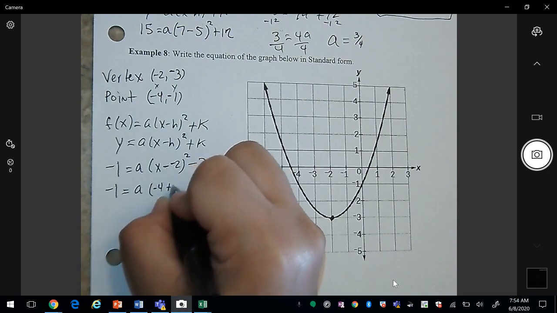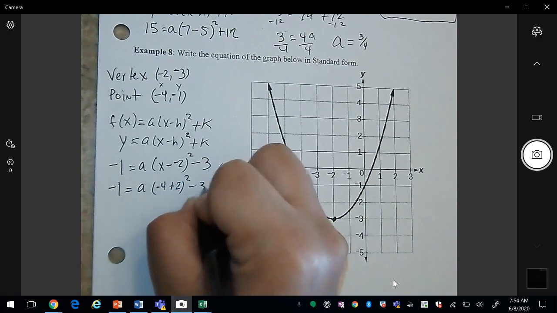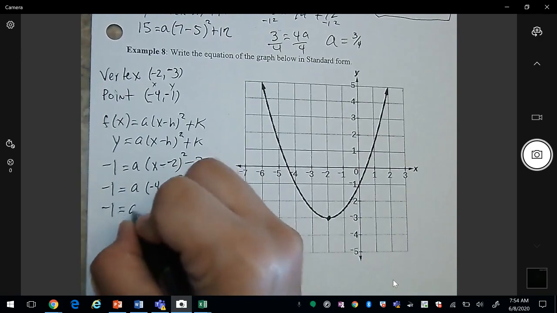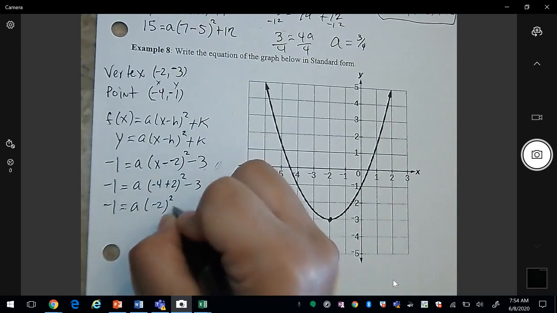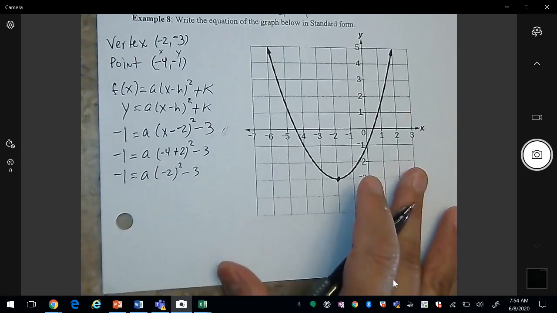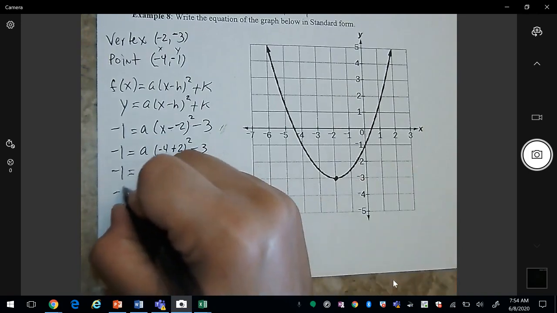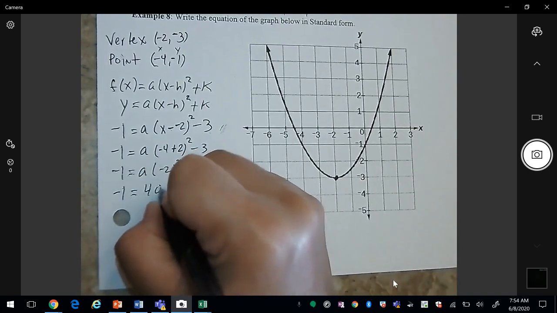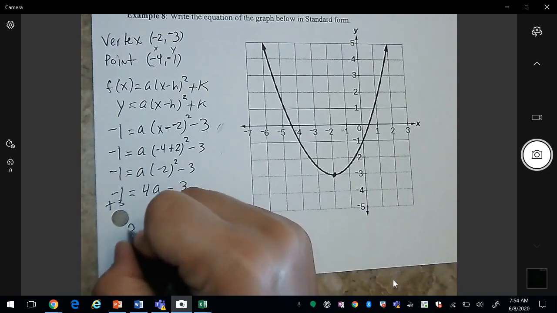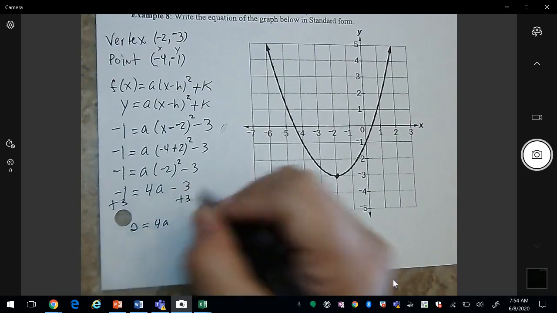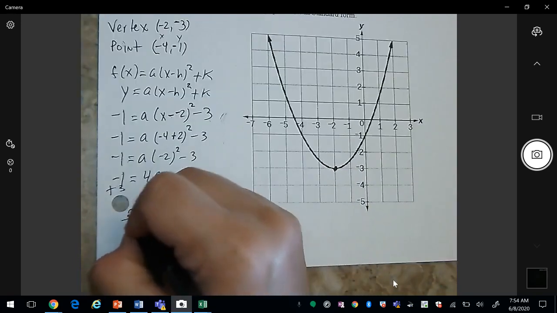Negative negative is +2. -4 plus 2 is -2. And -2 squared is 4. Add the 3. So we get 2 is equal to 4a. Divide by 4.